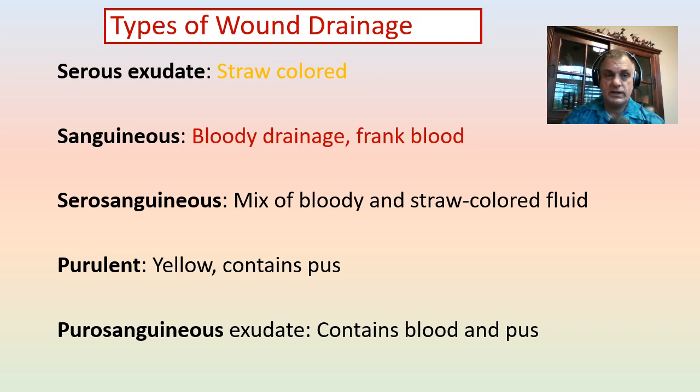They're pus-like, and in a purosanguinous exudate we have the serous drainage, but it's got pus in it, and it also has a very strong odor when it's infected and purulent.